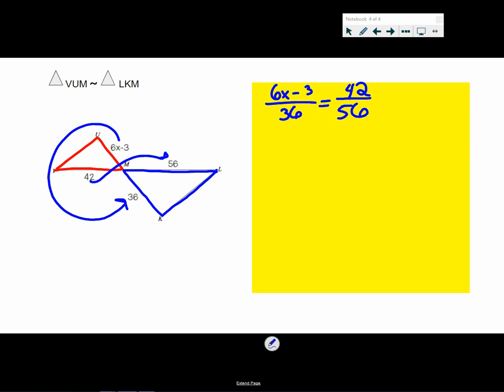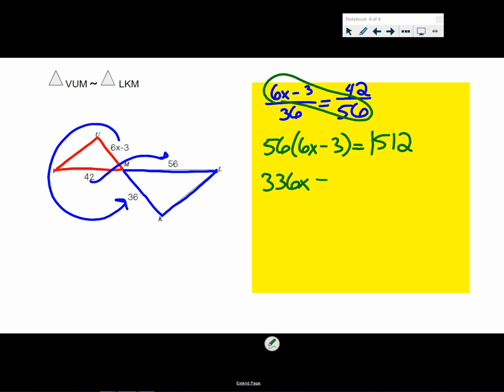Okay? So then I'm going to cross multiply. I'm going to get 56 groups of 6x minus 3 equals 42 times 36, which is 1,512. I get 56 times 6, so I distribute the 56. 56 times 3 is 168.